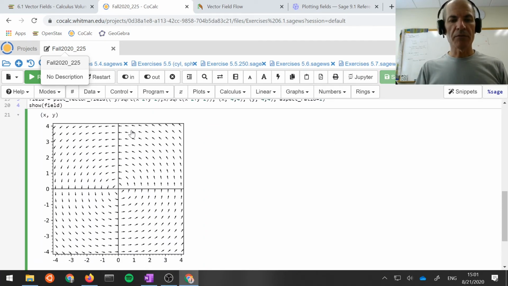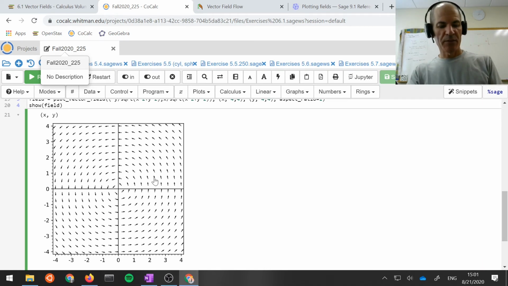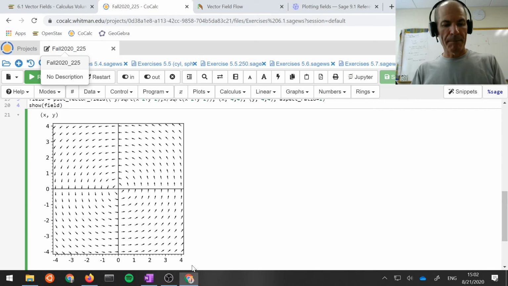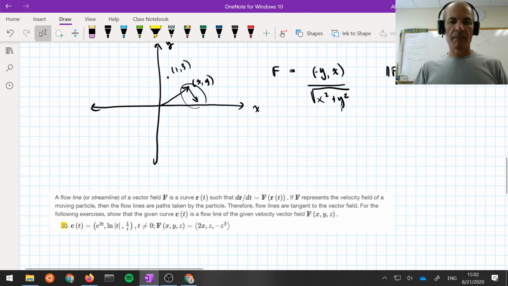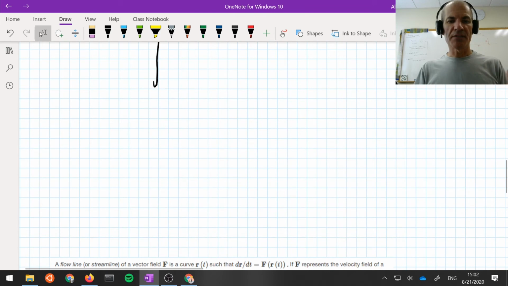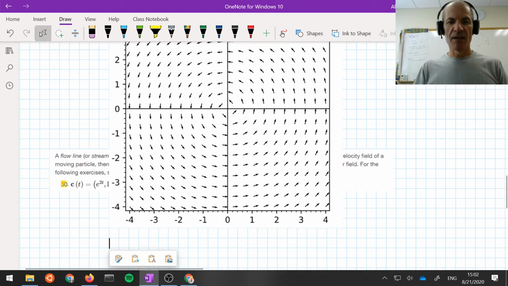Now you see that all the vectors are of unit length, and they are also perpendicular to any position vector. If you want to see that, here's the properly rendered sketch from Sage.